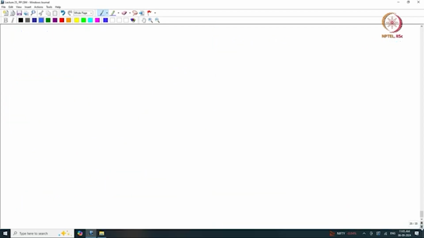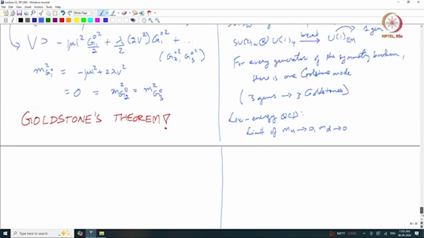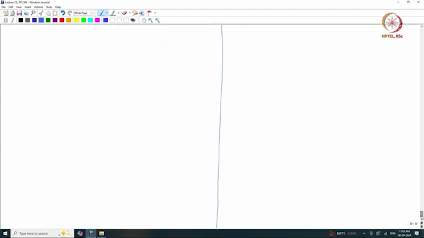In that limit, how would I write the Lagrangian of the quarks? Remember, this is a chiral theory, right? The left-handed kinetic terms exist on their own and the right-handed kinetic terms exist on their own, right?